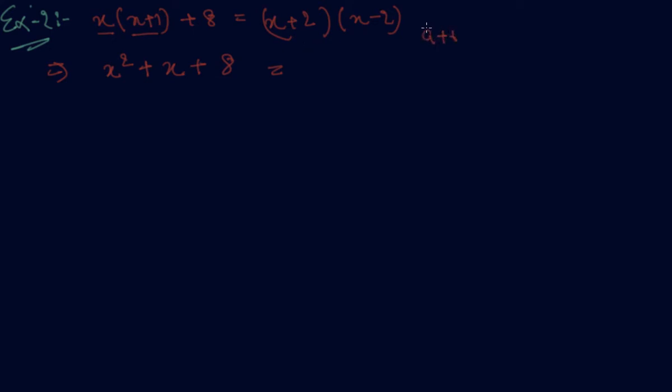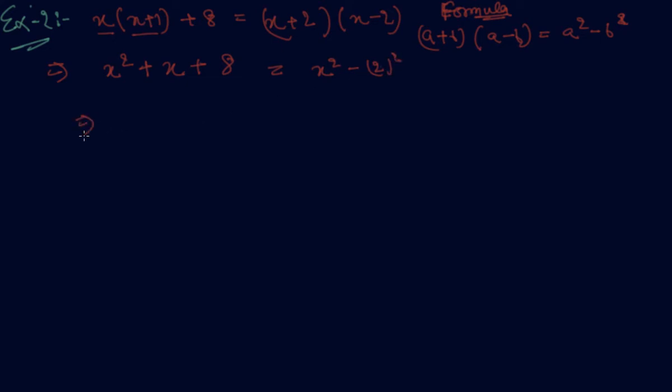If you know that (a plus b) into (a minus b) will always be equal to a square minus b square, you can write it in your notebook in the formula tab. This is the formula we are using in the questions. So I can directly write it as x square minus 2 square.